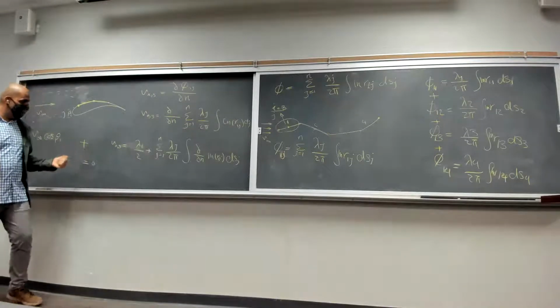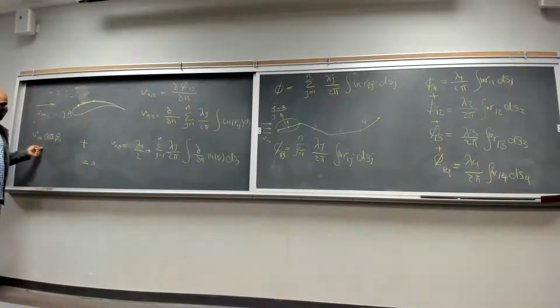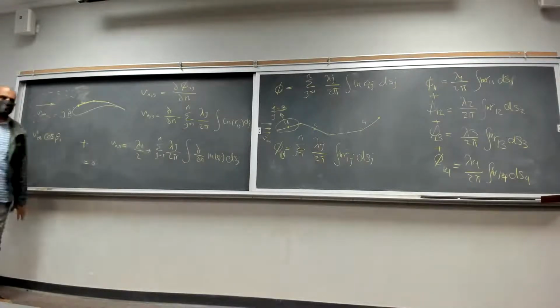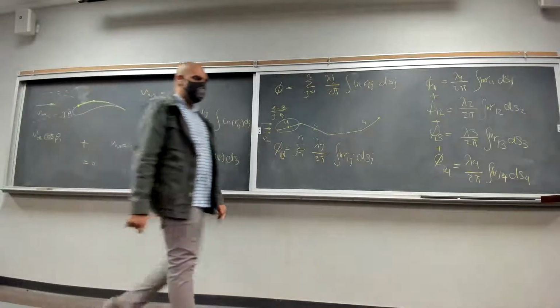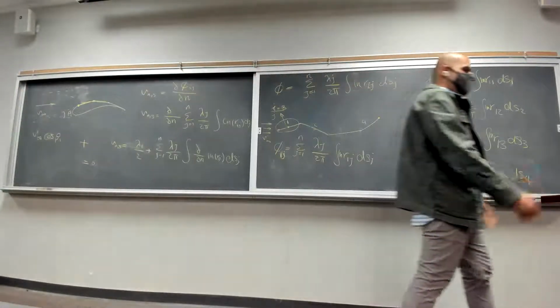You essentially have to apply the same equation to all panels. This was only applied to panel i, which is panel 1. Then you write the same equation for panel 2, panel 3, panel 4, right? How many panels you have doesn't matter, like panel 100.